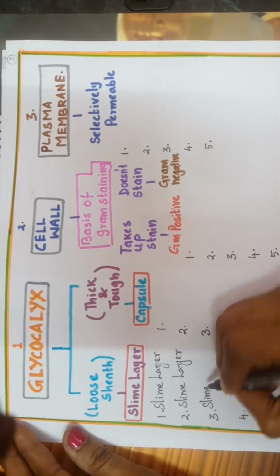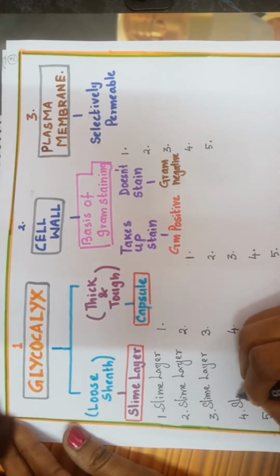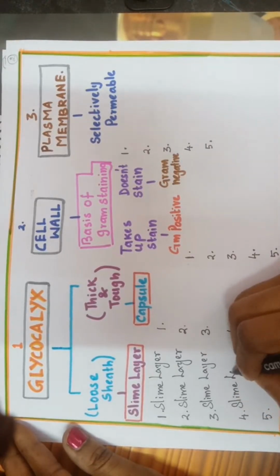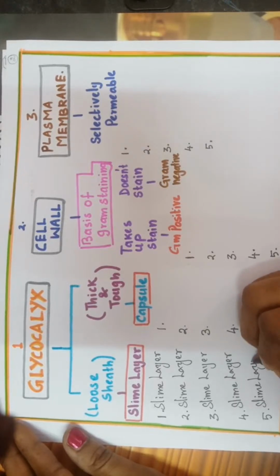Glycocalyx, loose sheath, slime layer. Glycocalyx, if it is a loose sheath not firmly attached to the cell, we call it as a slime layer.